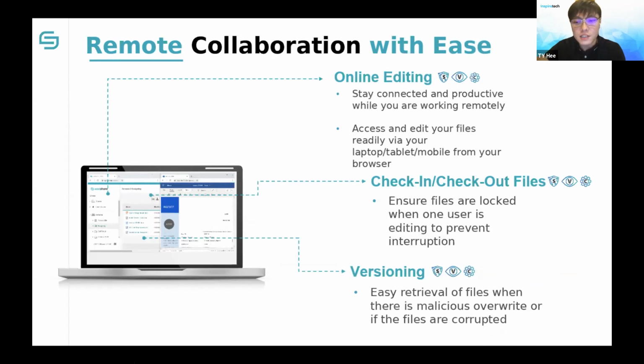On the versioning portion, you can see the first version created by the owner. Then, when someone edits it, it becomes version 2, 3, 4, and so on, so it's easier for you to trace back the previous edition.